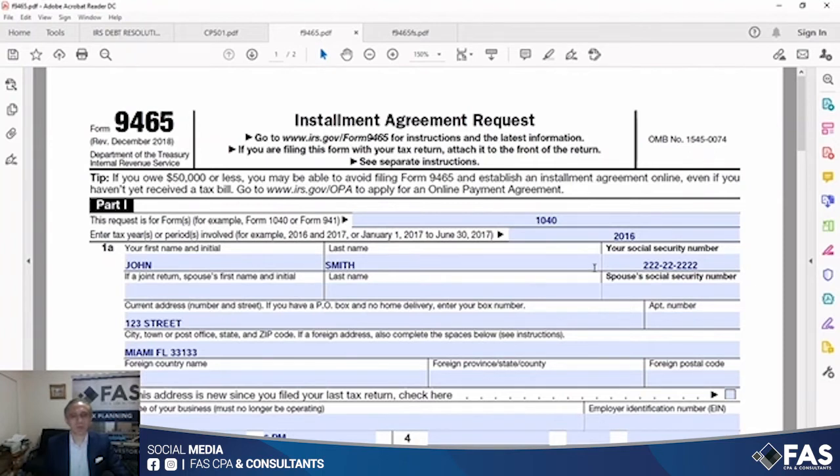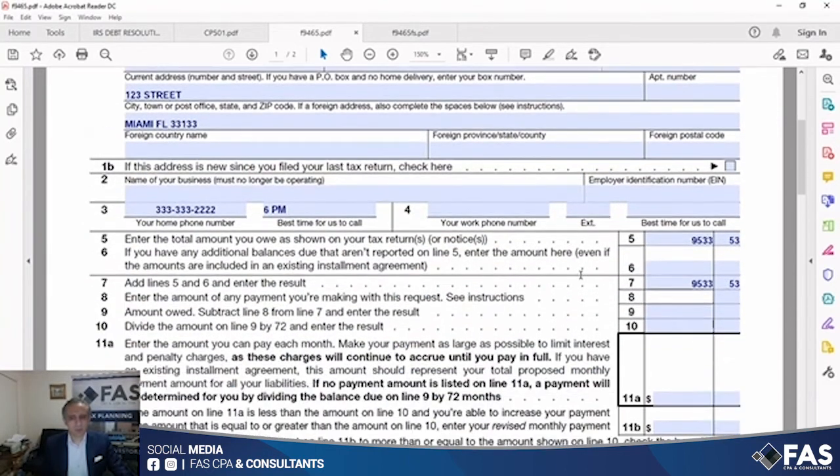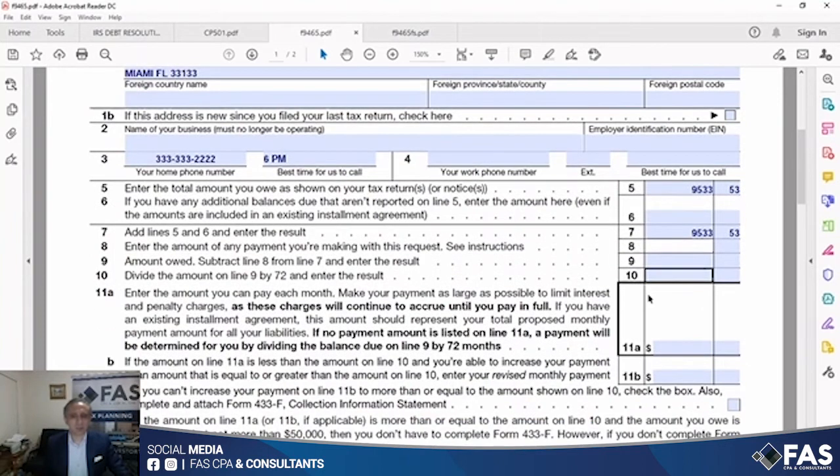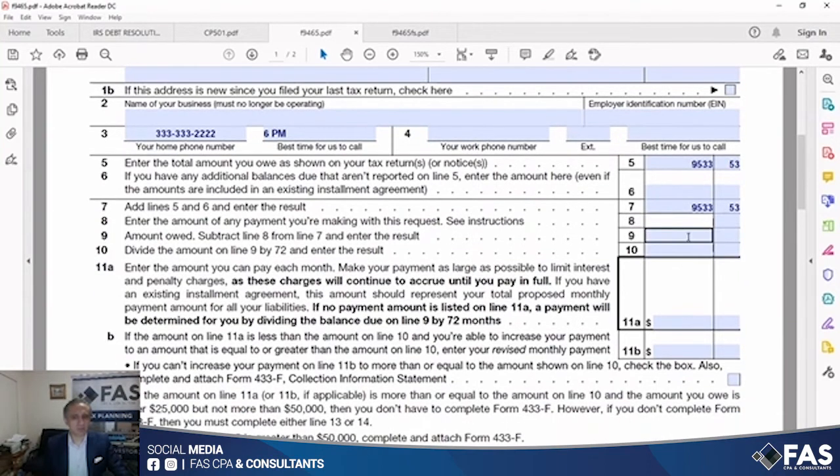If you owe more than that, there is another form that I will cover in a minute. It has a little more information that will be requested. But here on line number 8, if you plan to make some payment, then you have to attach a check. We're going to leave that blank.